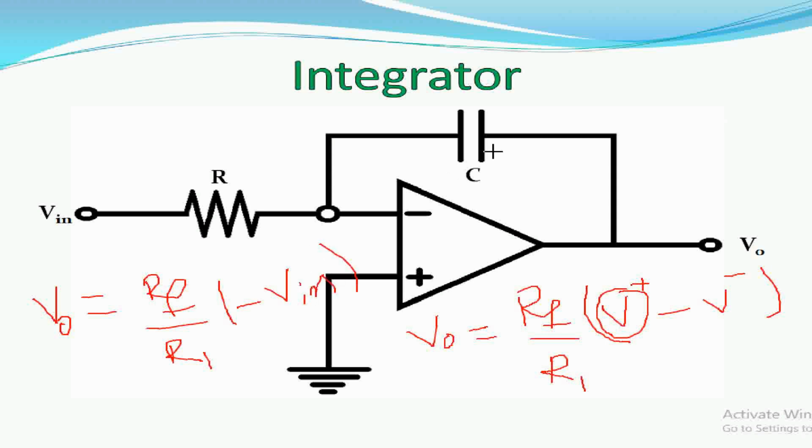So simply we can say that V naught is equal to minus RF by R1 into V in. This is the equation for your integrator.